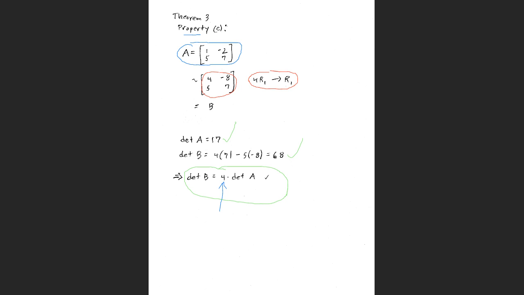All right. Well, now that we feel comfortable with these properties, with this theorem, and these 3 properties of determinants, how are they going to be useful to us?